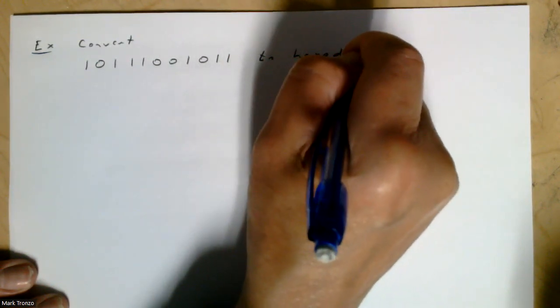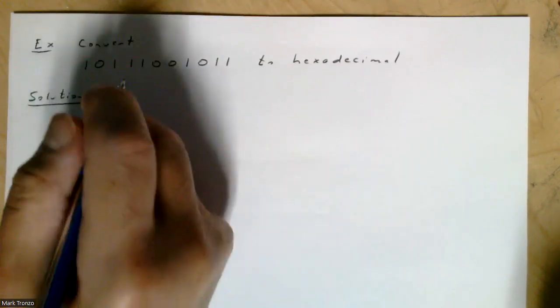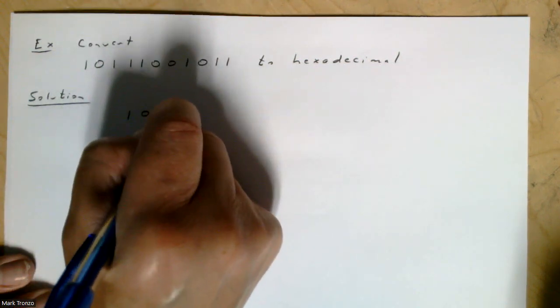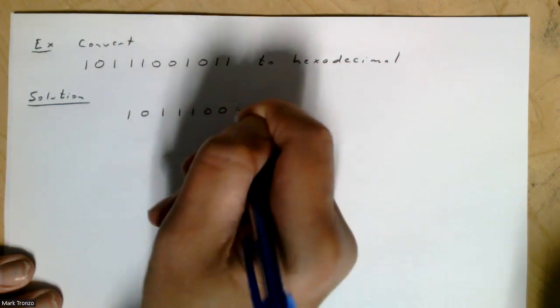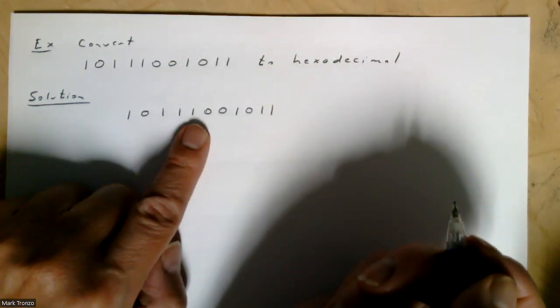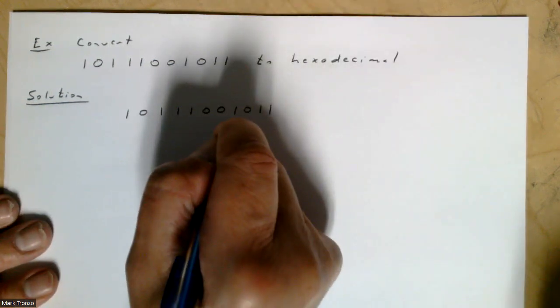Convert to hexadecimal. So this time we kind of just do the opposite. We take our number, and let me be sure I copied it correctly. I think I did. And then set it off in groups of 4.